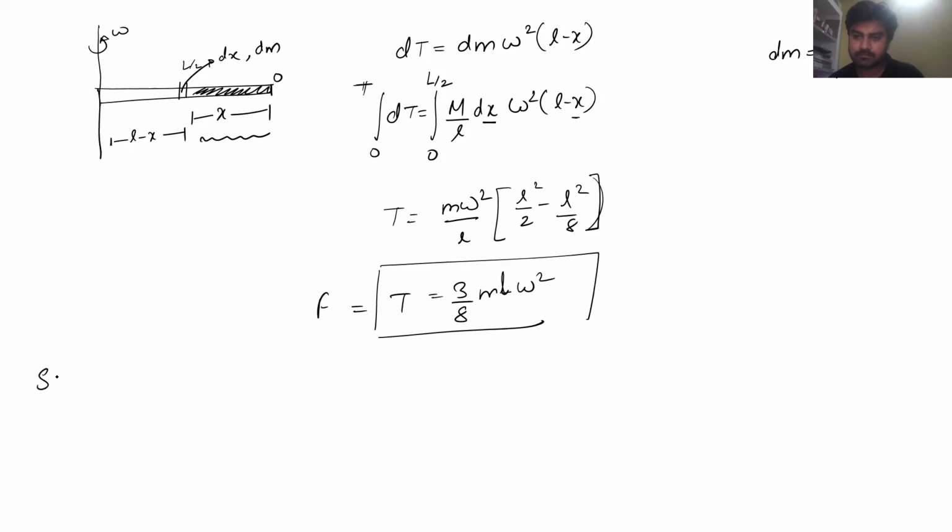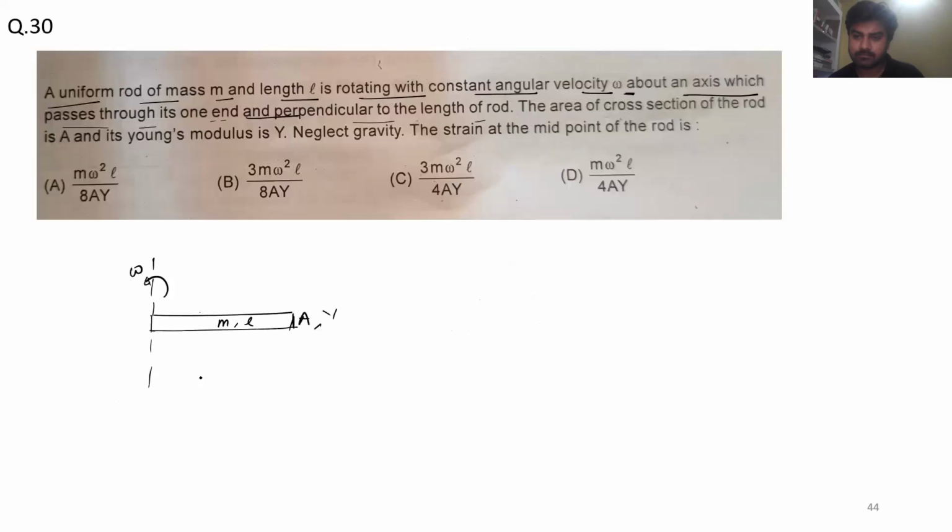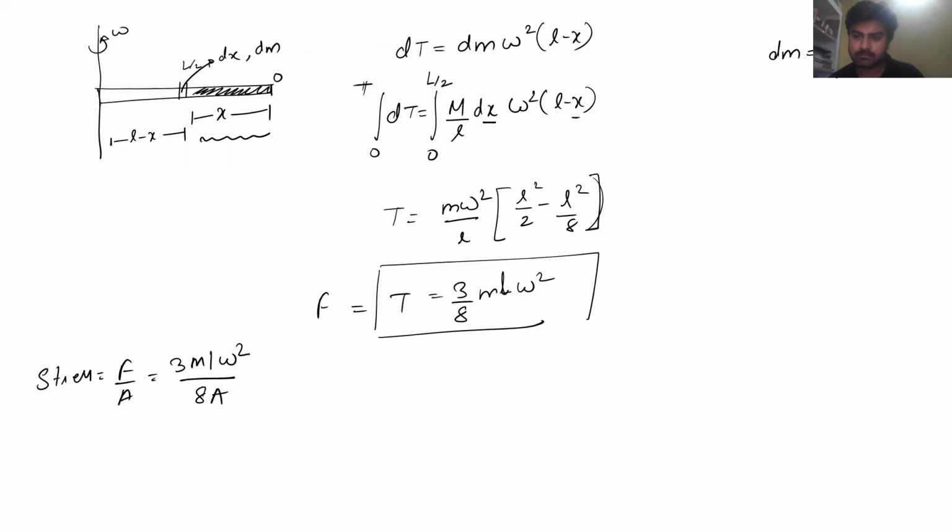So इस part की वजह से we got all the force that is acting outside to this other part, half part, which is inside, right? So stress is force upon area. So it will be 3 ml omega square by 8a. Acha, y is missing. Okay, this is stress, and stress is equal to y into strain.